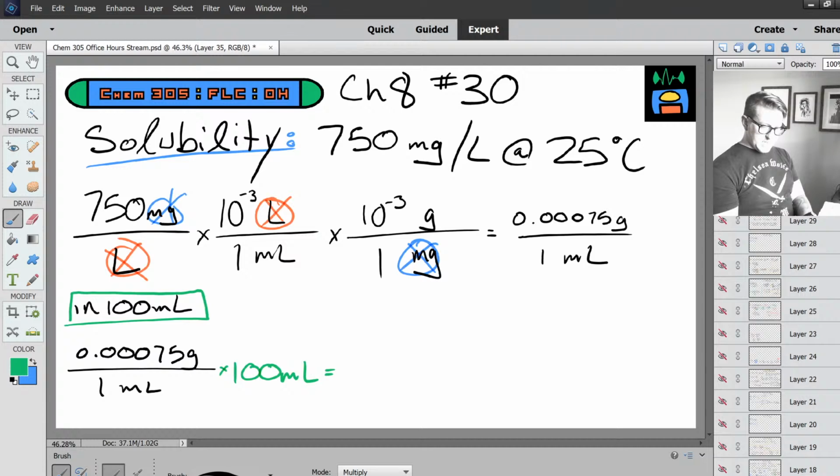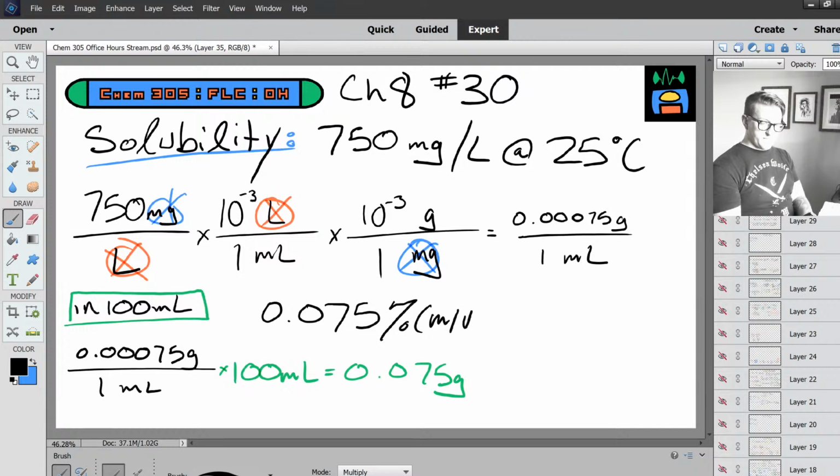That means you will get 0.075 grams in 100 milliliters. This means that a saturated solution will have a 0.075% mass to volume.